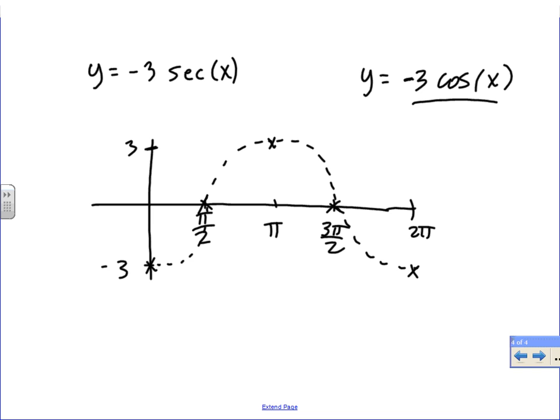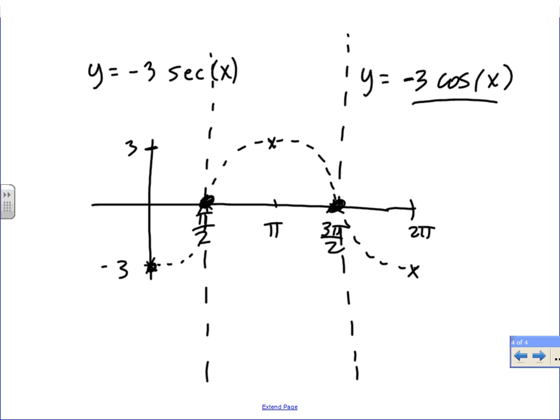Okay, now let's actually do secant. Secant is going to be undefined where cosine is 0. From our graph, cosine is 0 at pi over 2 and 3 pi over 2. So I'm going to draw in some asymptotes there. Now we're just going to chase those curves from our max and min points.